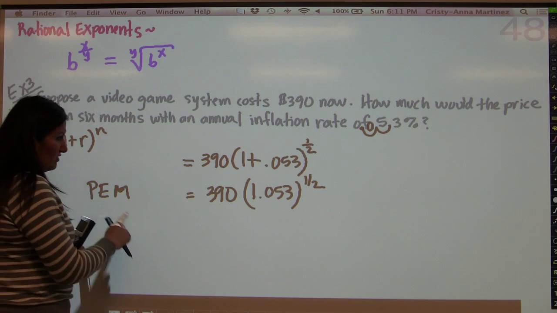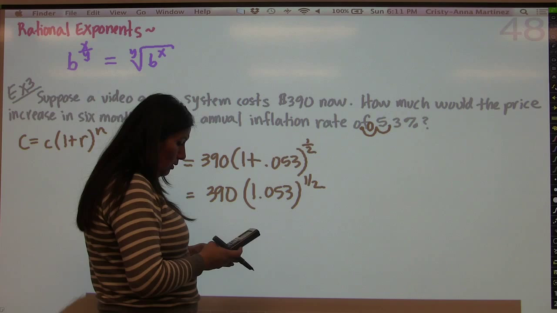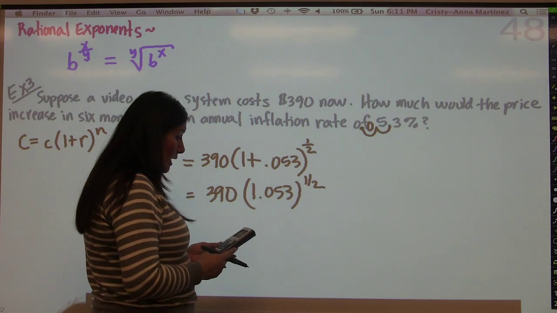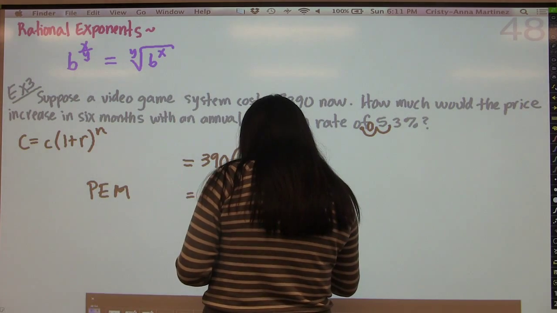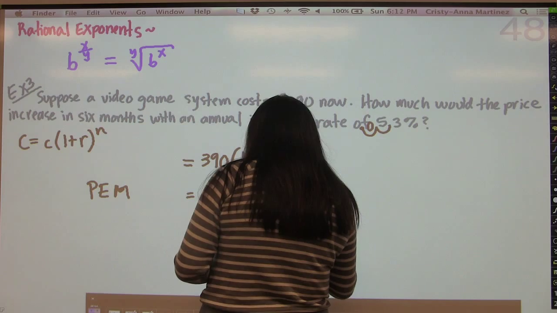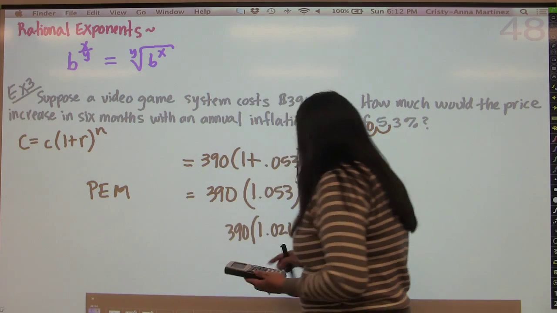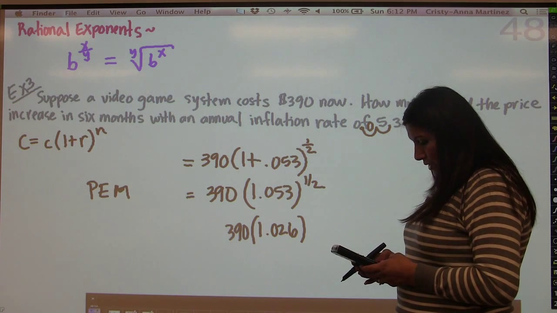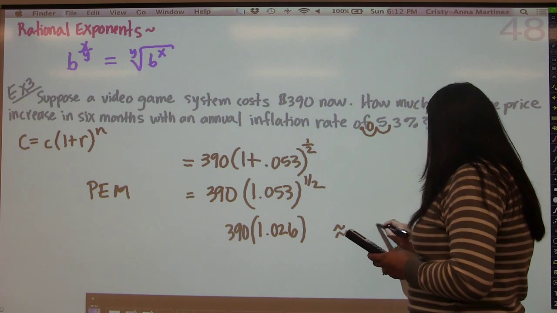You want to go 1.053 and raise it to the 1/2 power, which is the same thing as the square root, but you can use the caret key to raise it to the 1/2 power. This is 1.026 roughly, and then that times the 390. Once you do the square root, then you can multiply that by 390.